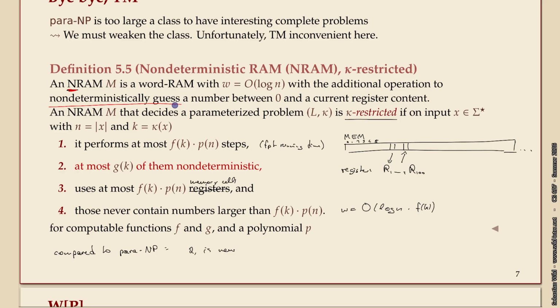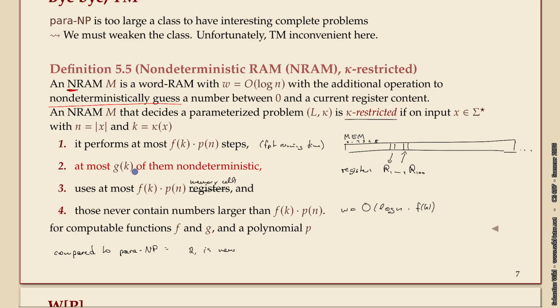And that turns out to be just an annoying model. You would have to somehow then translate that to allow a certain number of steps, which should somehow be able to depend polynomially on the input size and arbitrarily on the parameter. It gets very messy. And here it is easier because you say the non-deterministic step is a little more powerful. It's allowed to guess a number that is unbounded in general.